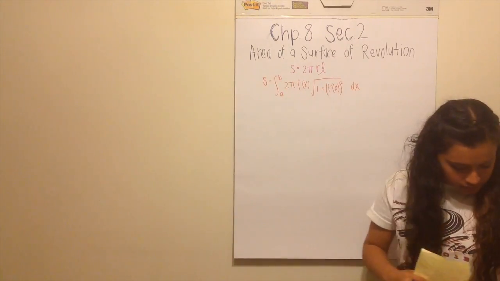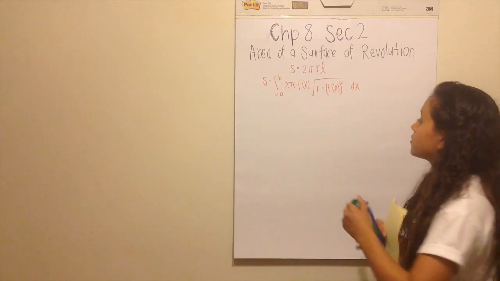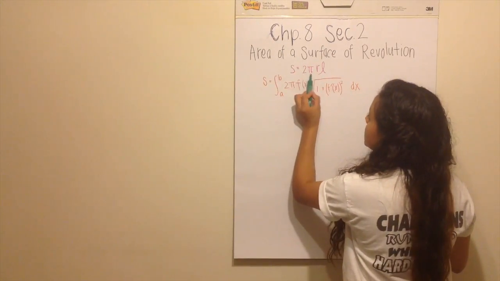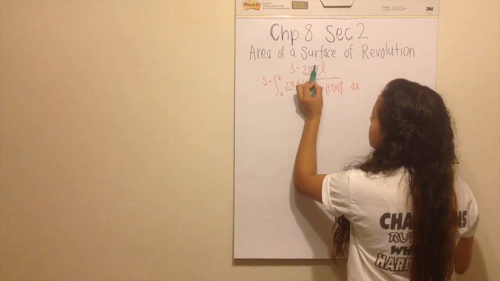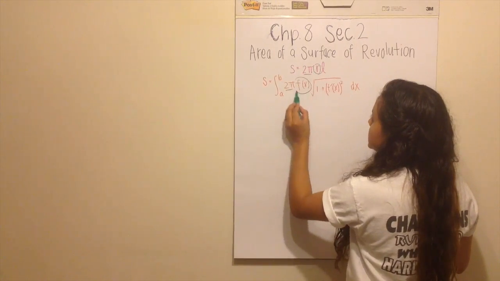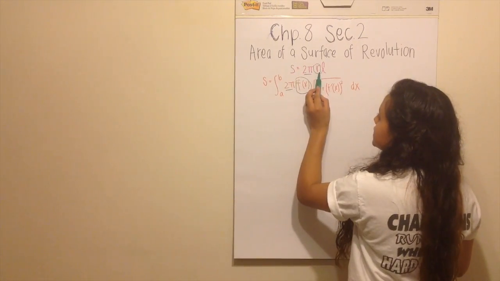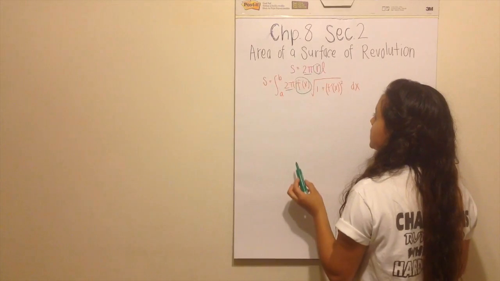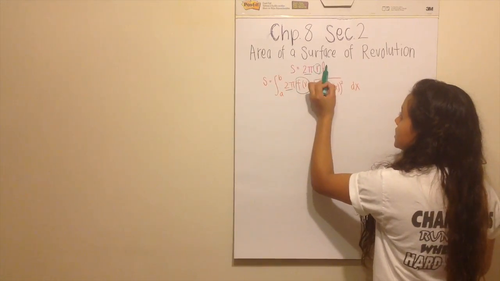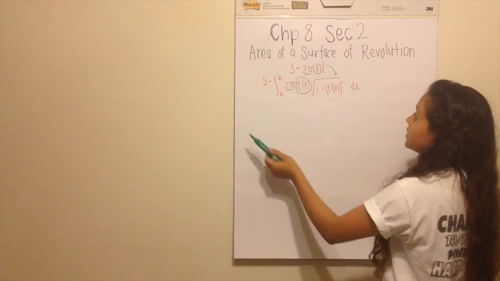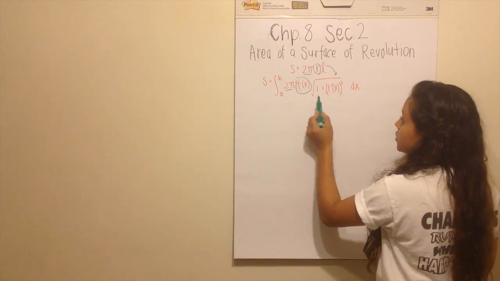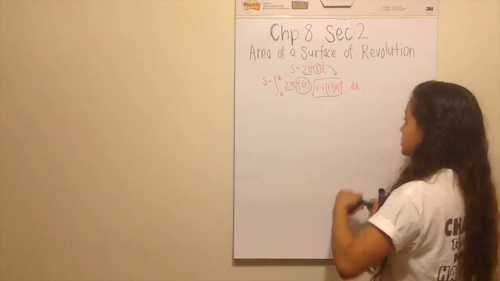So if you notice, the 2 pi r is basically, the radius of the cylinder is basically the f of x for this formula, and the length, if you recall from the previous section, is basically your arc length.